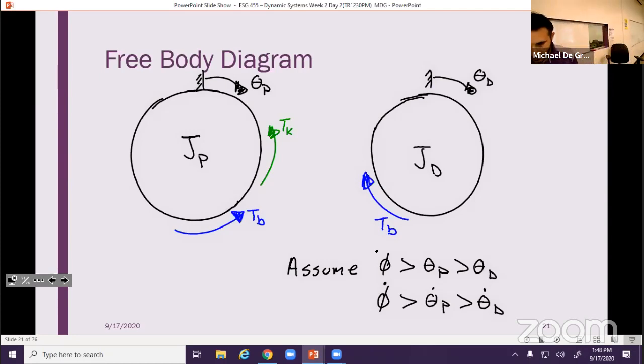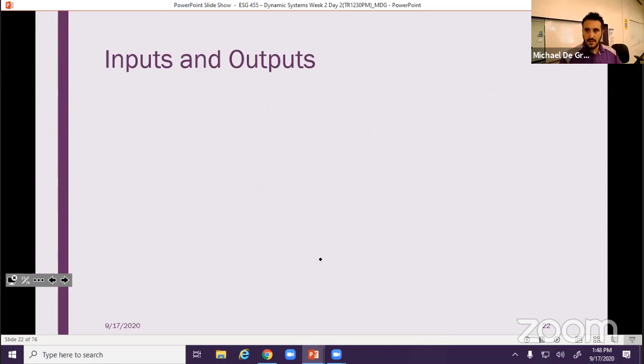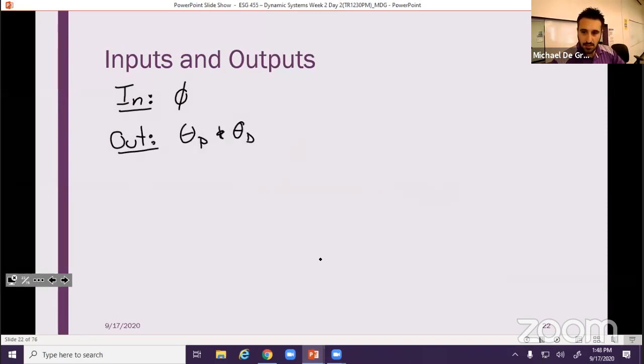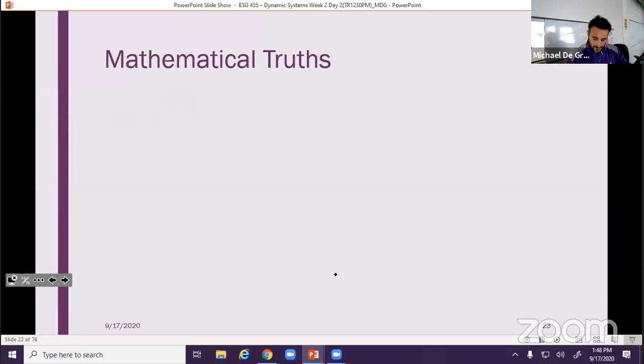Okay. So we've got our inputs and our outputs: input phi, output theta p and theta d. Mathematical truths, we had those down.